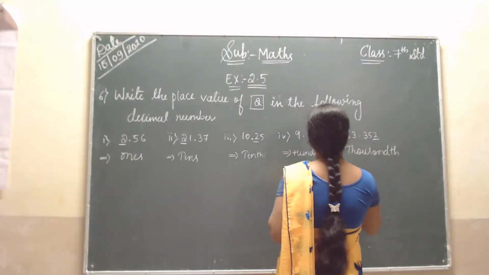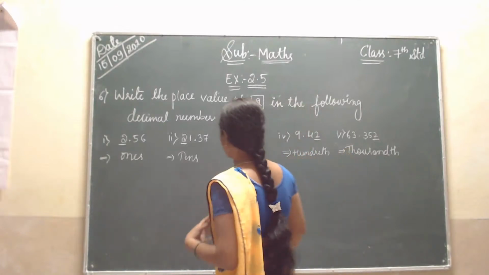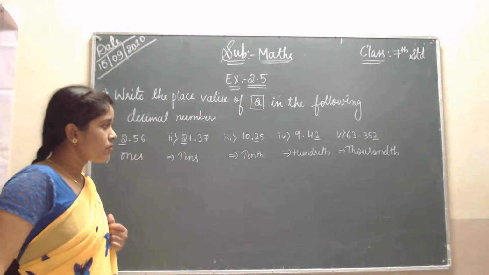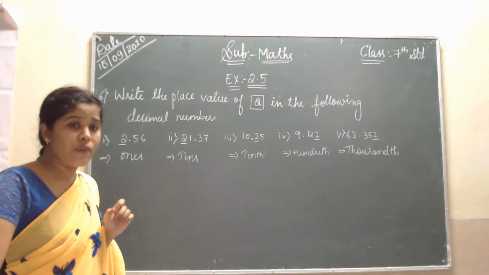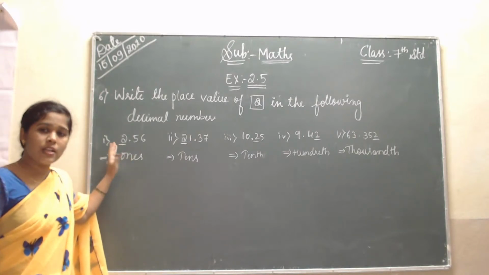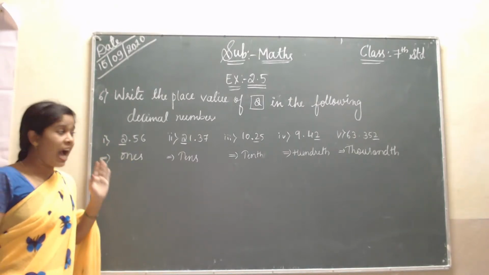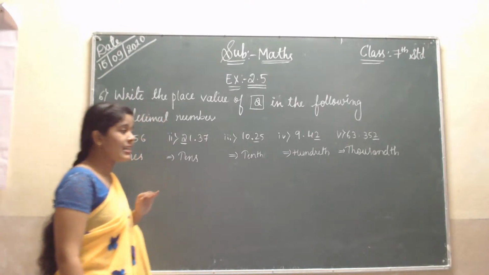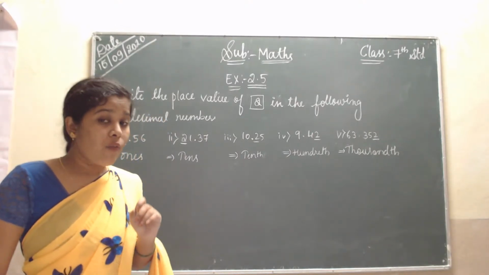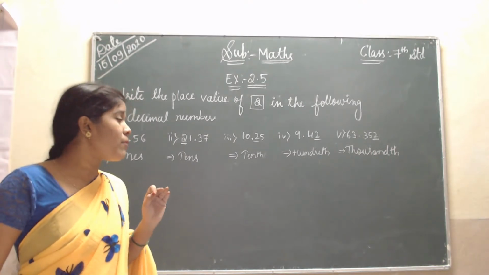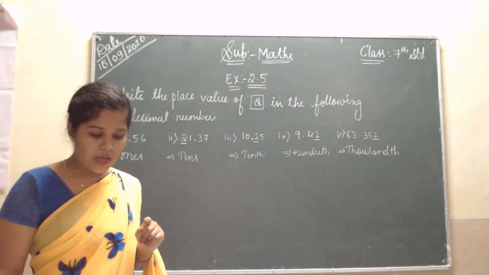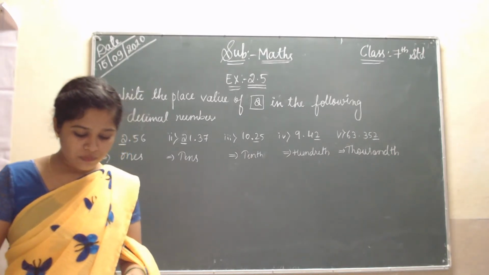We have to write TH at the end. Hope you understood this one. We have to see the place value of 2 in this question. Before the decimal, we know ones, tens, hundreds, thousands. After the decimal, tenths, hundredths, thousandths, we have to write TH at the end. Another point to remember: after the decimal there is no ones place. Remember this one.